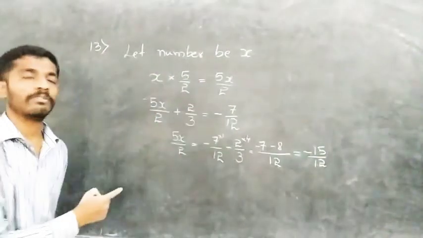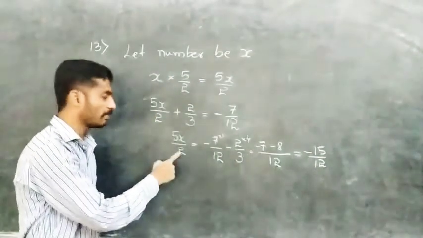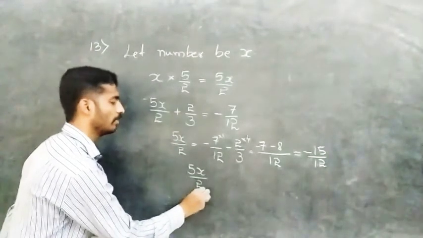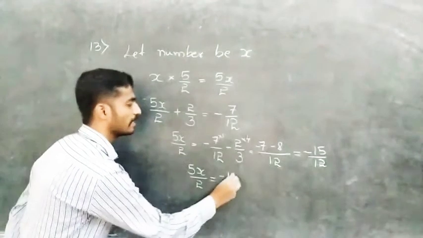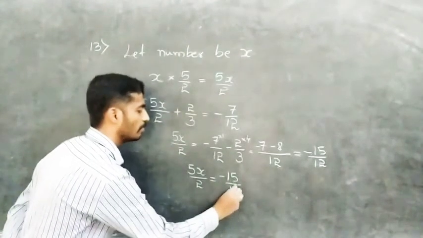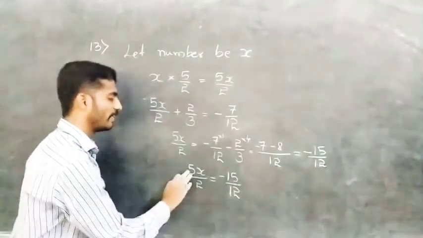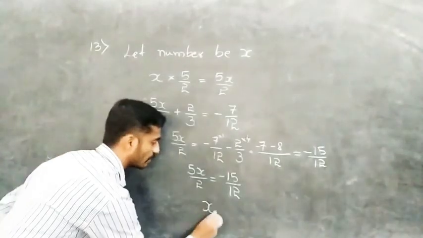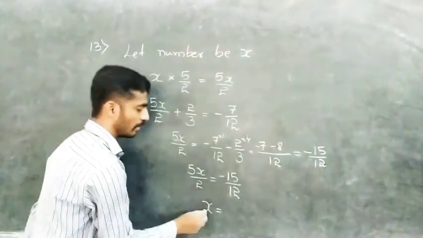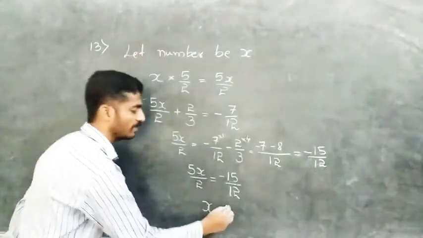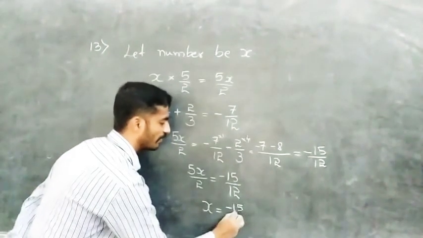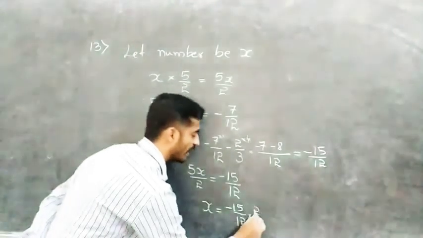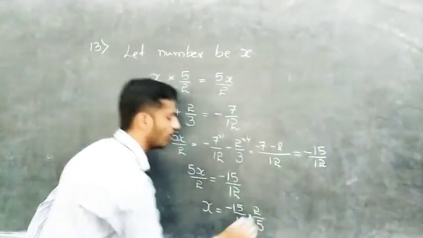Okay, so still what is there? Here 5x by 2 is there. So take that 5x by 2 equal to what? Minus 15 by 12. So if I take 5 by 2 to the right side, here x will be alone, so 5 will get divisible that side, so 15 by 12 into 2 will go to the numerator side and 5 will come to the denominator side.